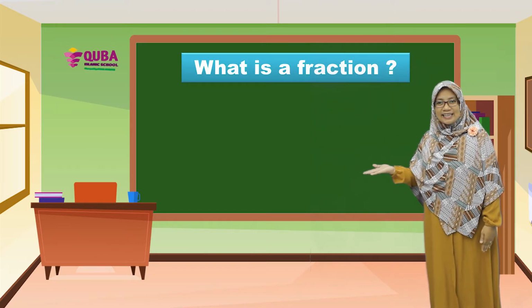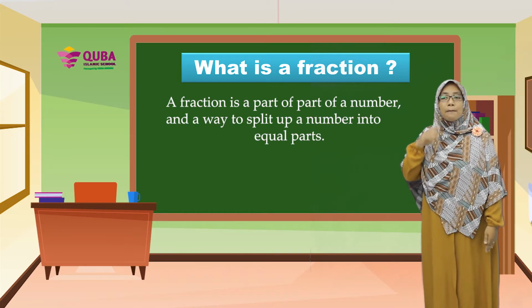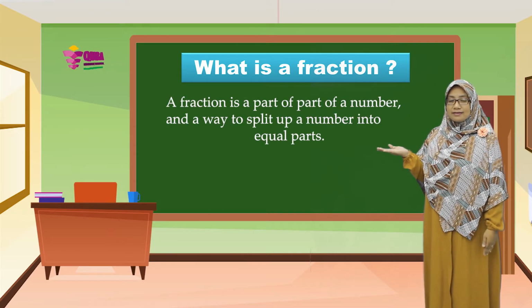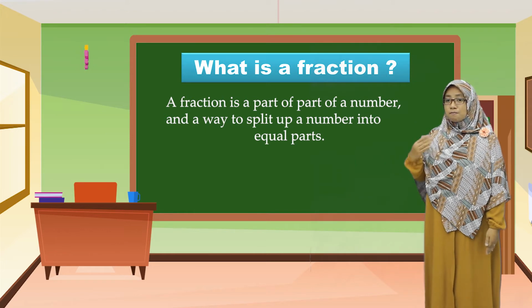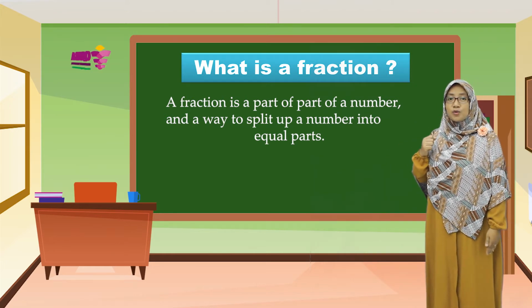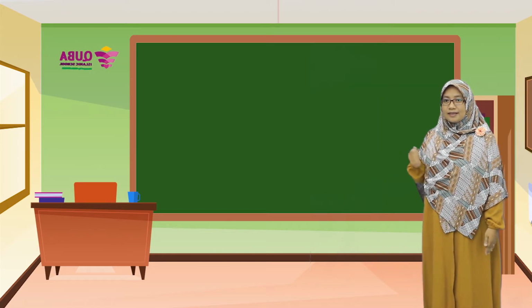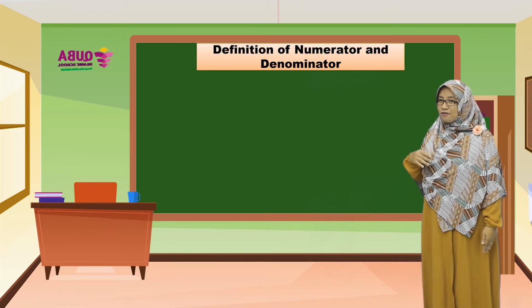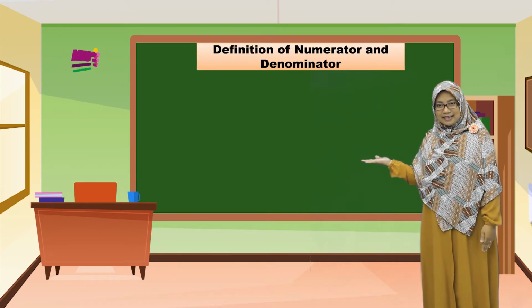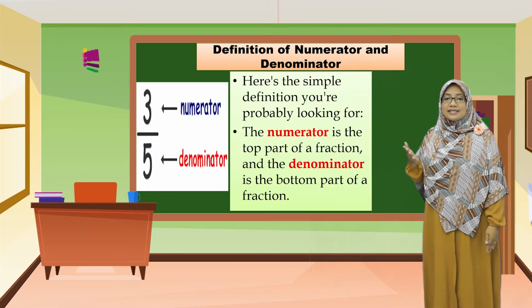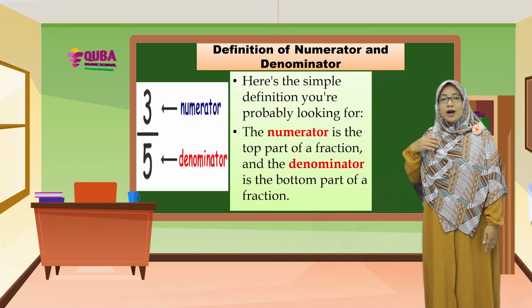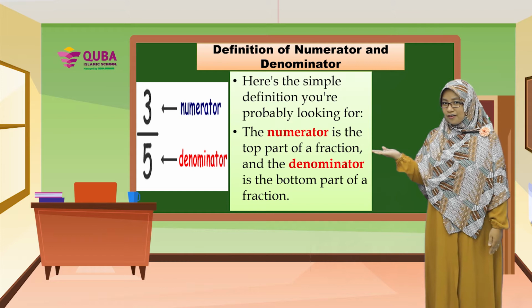What is fraction? A fraction is a part of a whole number and a way to split up a number into equal parts. Definition of numerator and denominator. Here is the simple definition you are probably looking for.